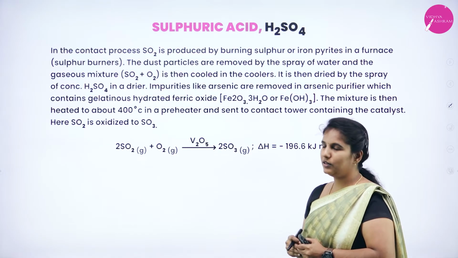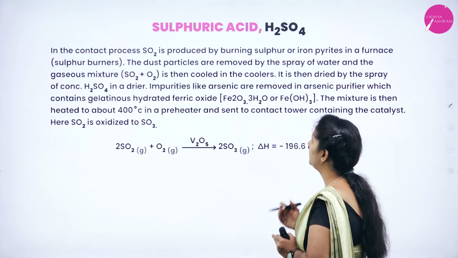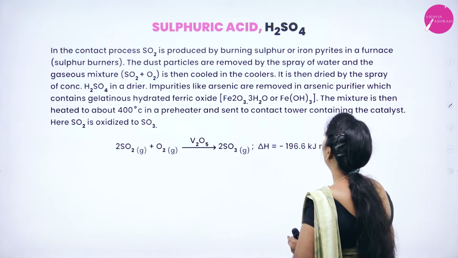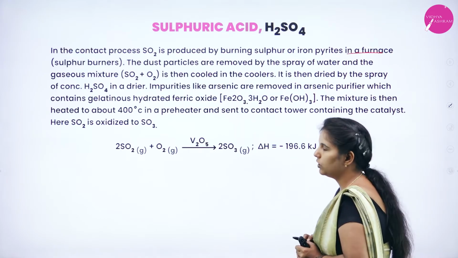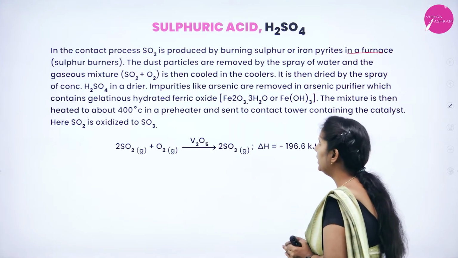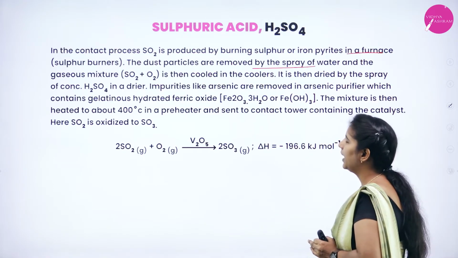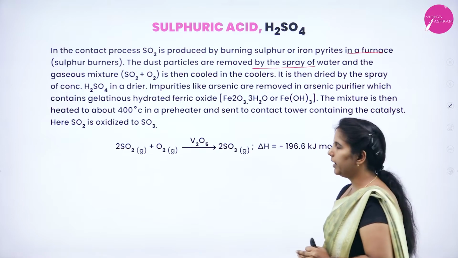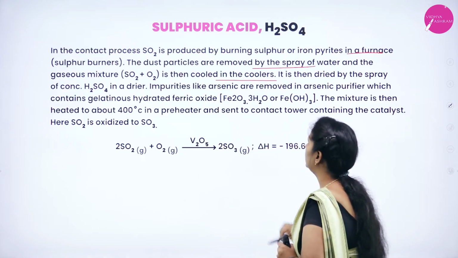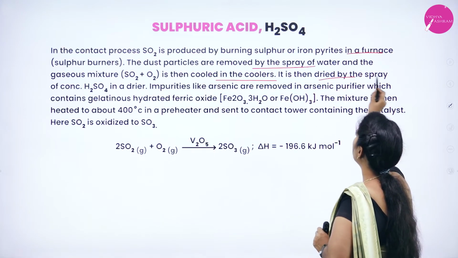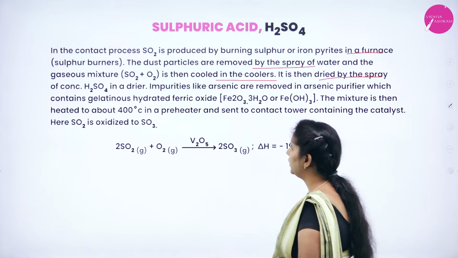In the same way, I have put the points here. In the contact process, sulfur dioxide is produced by burning sulfur or iron pyrites in the furnace, which is known as what? Sulfur burner. The dust particles are removed by spraying water, and the gaseous mixture is obtained, that is SO2 and O2. Later it is cooled in the coolers and dried by spraying with concentrated H2SO4 in a dryer.